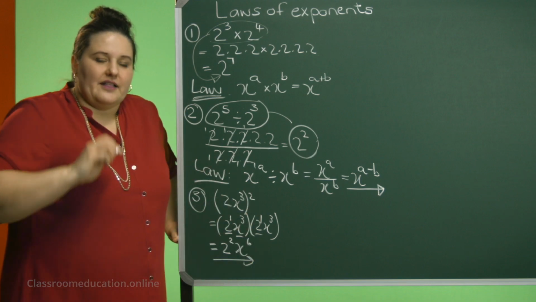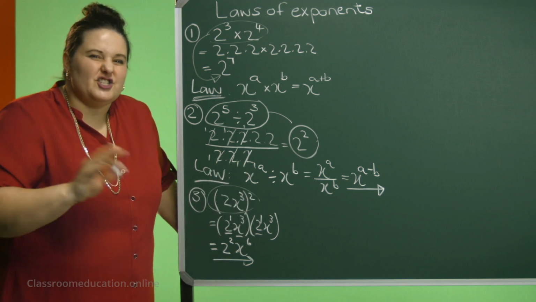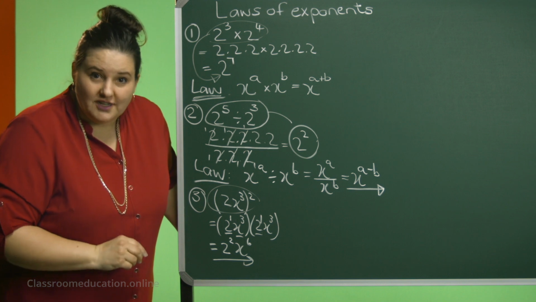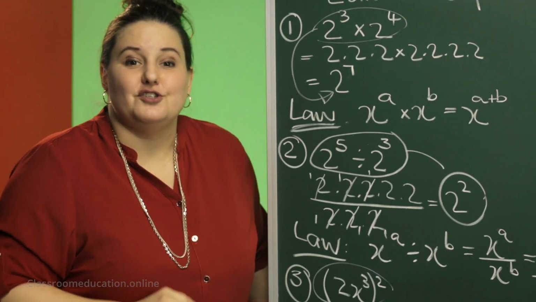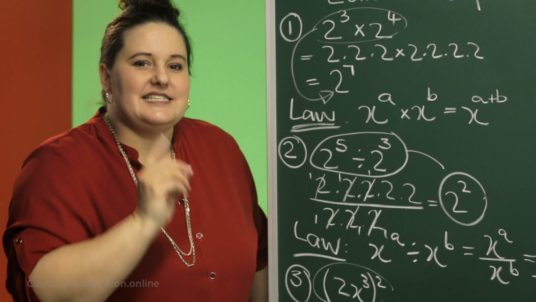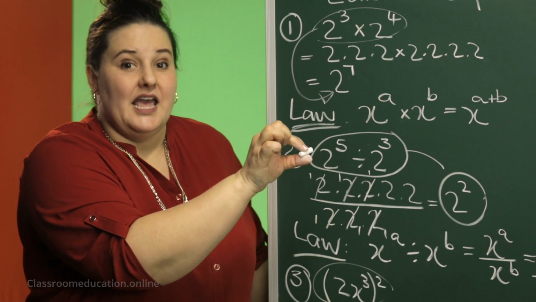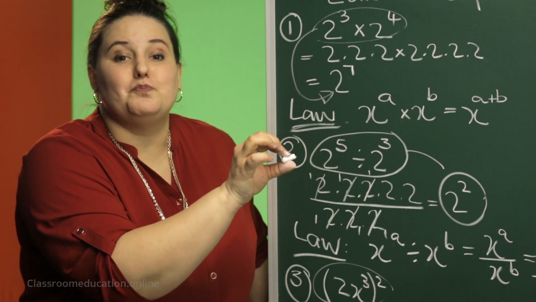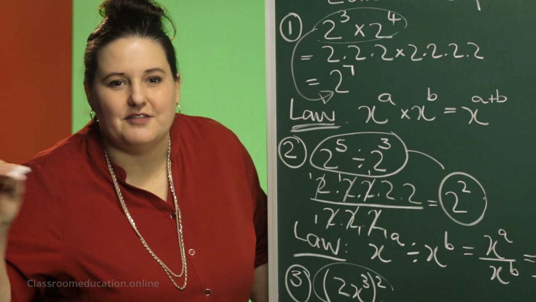Now, if you look at the answer and you look at the question, isn't there maybe a shortcut that we could have followed? Yes, actually there is. You know what the shortcut is? If I have an exponent outside my bracket, I can multiply the exponent with all the exponents inside the bracket.